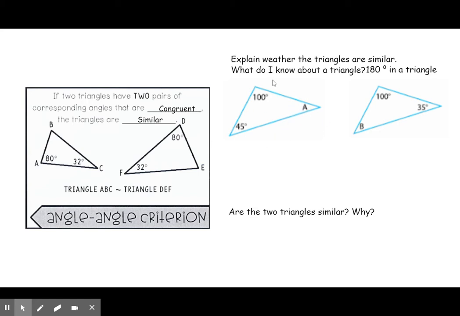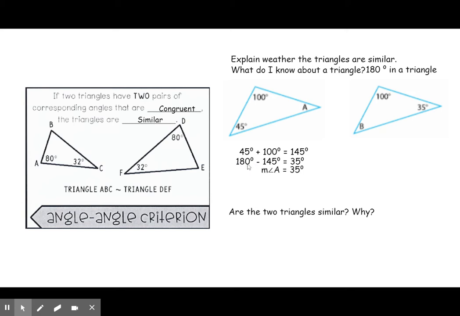Looking at the triangle on the left, if I add up the two angles given, 45 plus 100, I get 145. If I take that 145 and subtract it from 180, I get 35. So the measurement of angle A is 35. If I add that 35 to 45 and 100, we get 180.